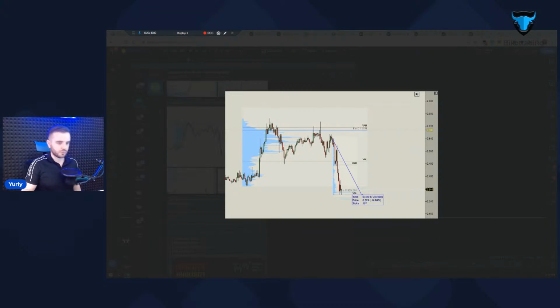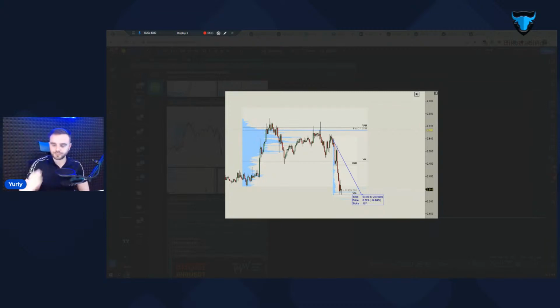The main reason we never use any one indicator alone is that one indicator will not give you the whole picture. That's the reason why I use VWAP together with other tools, especially with volume profile.